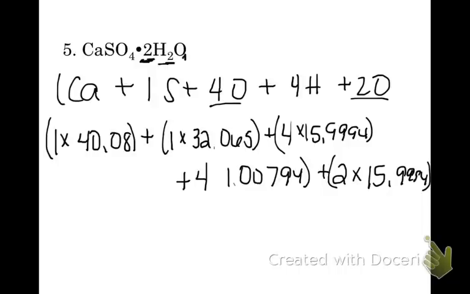I kind of intermixed the multiplication, using the parentheses. I'm putting them into the parentheses here just to show you how to put them into your calculator. So you can get rid of that 1, get rid of that 1.